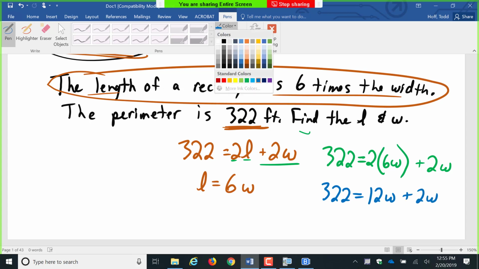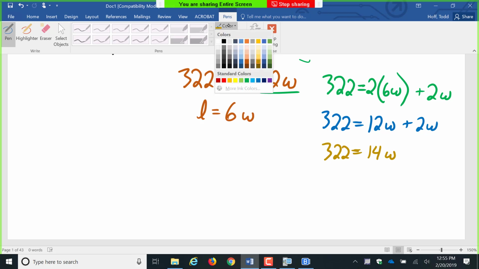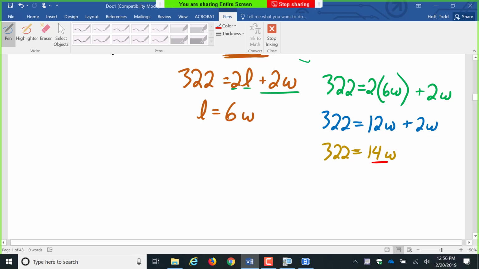Then what? Combine like terms. 12W and 2W make 14W. And then? Divide by the 14 and you get 23. Exactly? Yep. Okay. So W equals 23.